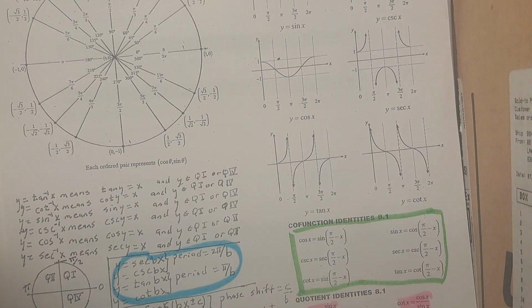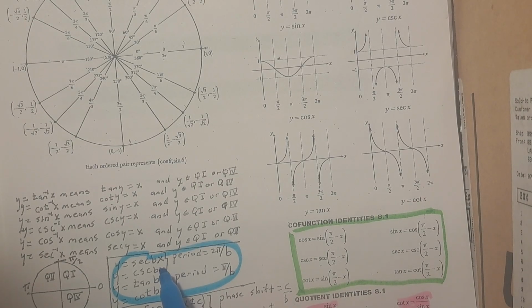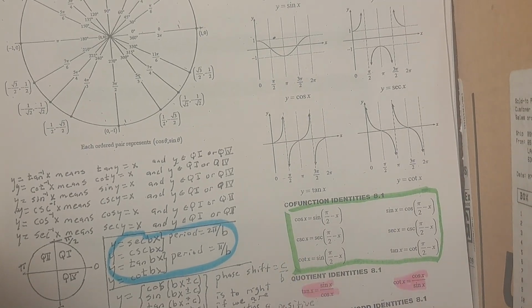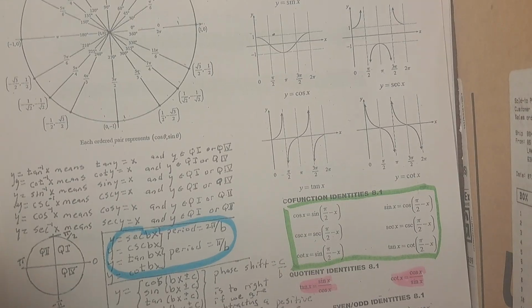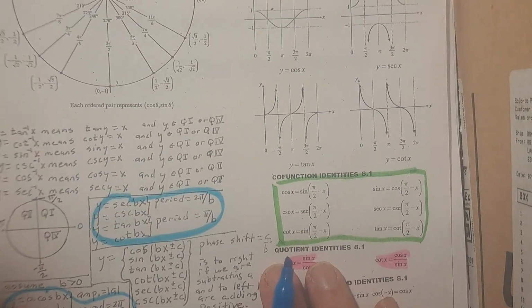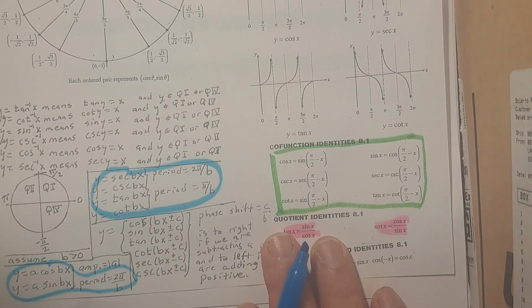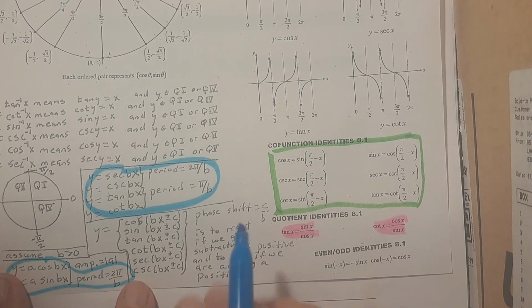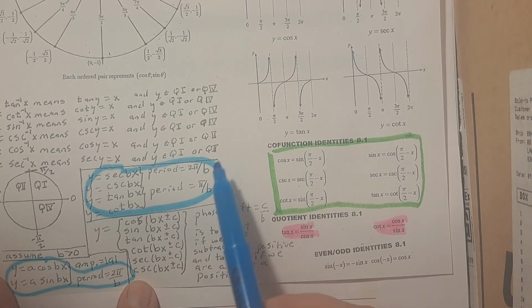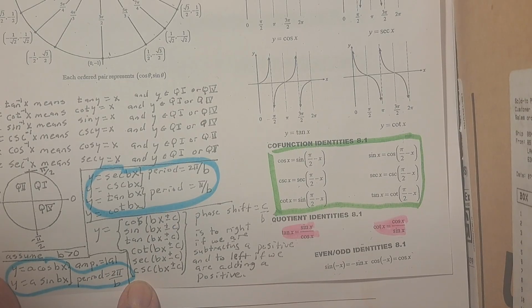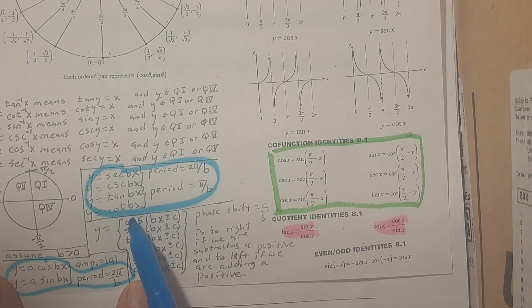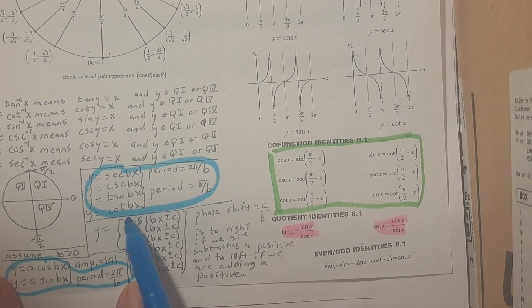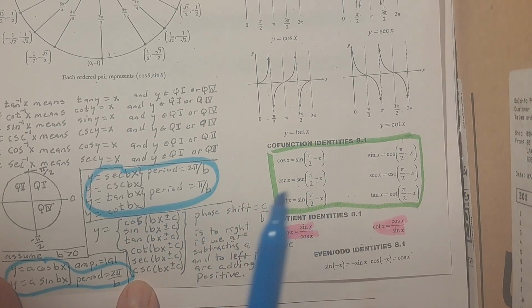Secant, cosecant, cosine, and sine, they all have period 2 pi over b. So if you make the b equal to 1, that means they all have the period of 2 pi. So we've already talked about that. And tangent and cotangent, they have period pi over b. So if the b is 1, then their period is pi. So we've also done those.